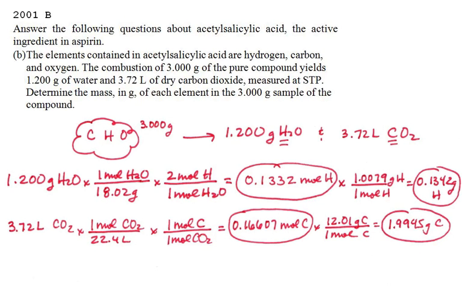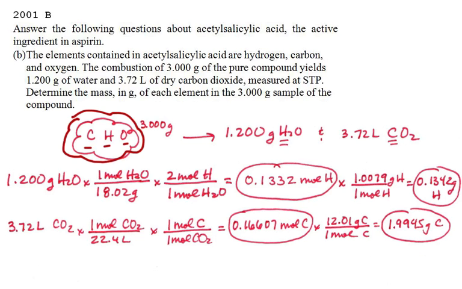Now, jump to 2001. There was a part A, and I'm not concerned with that. I'm looking at part B, and what I want to do is add to this part B and say what would be the empirical formula of this compound. This is different because now we have a compound that has C, H, and O, all three of those.